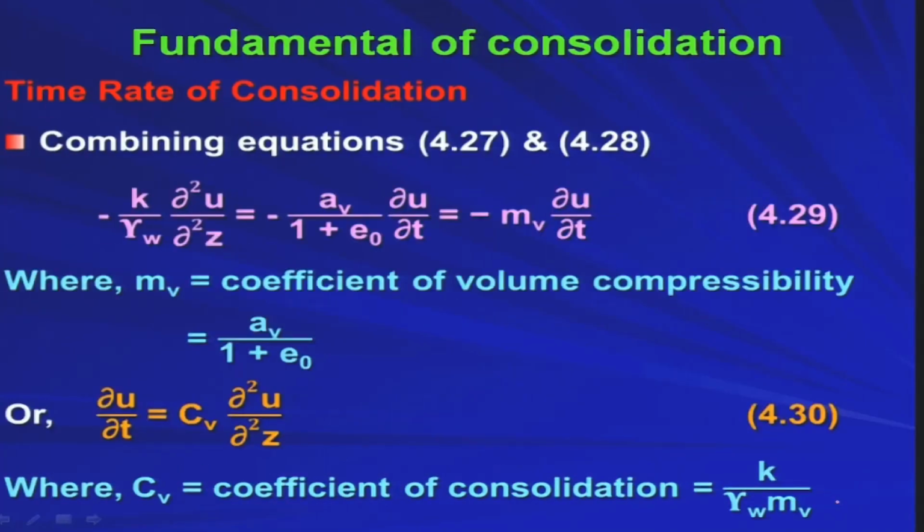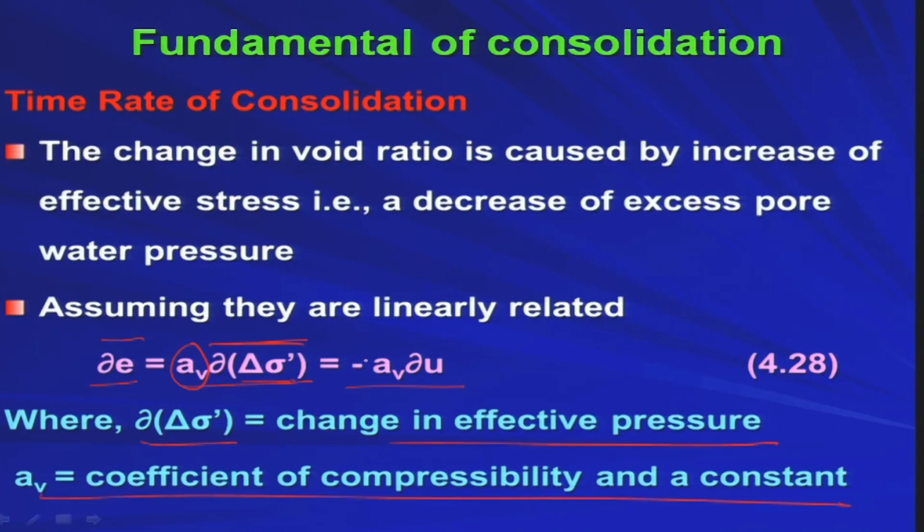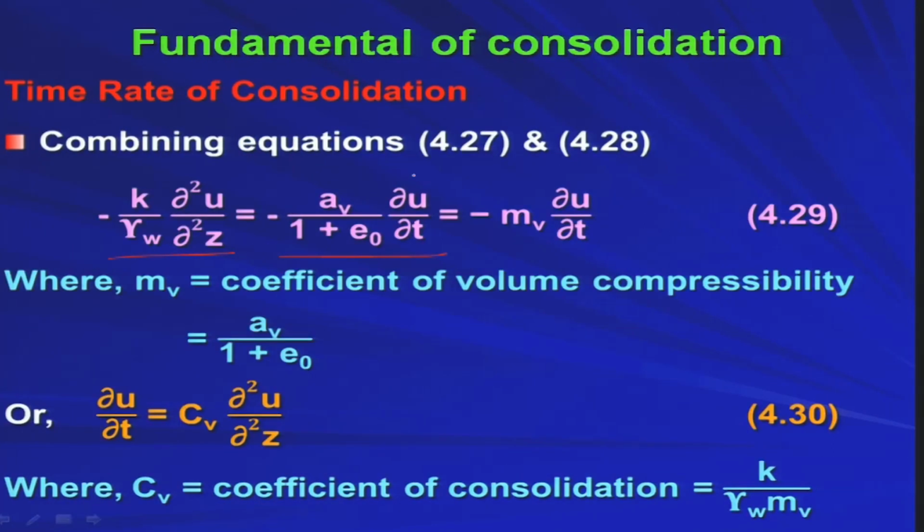Now, combining equations 4.27 and 4.28, we can write minus a v into 1 plus e naught into del u del t.